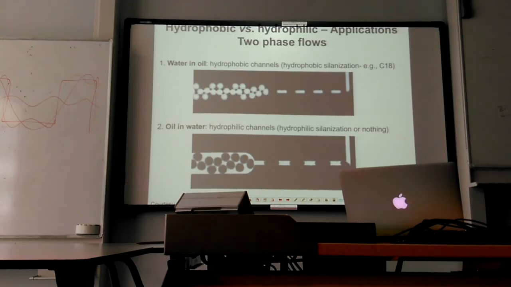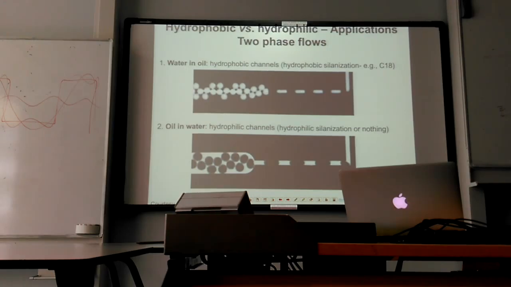So if you want to have something which is stable, then you will do some hydrophobic treatment of your walls. Typically if you work with glass, you will do a silanization and then you will work with, for instance, a silane with a C18, so an alkyl chain with 18 carbon groups.